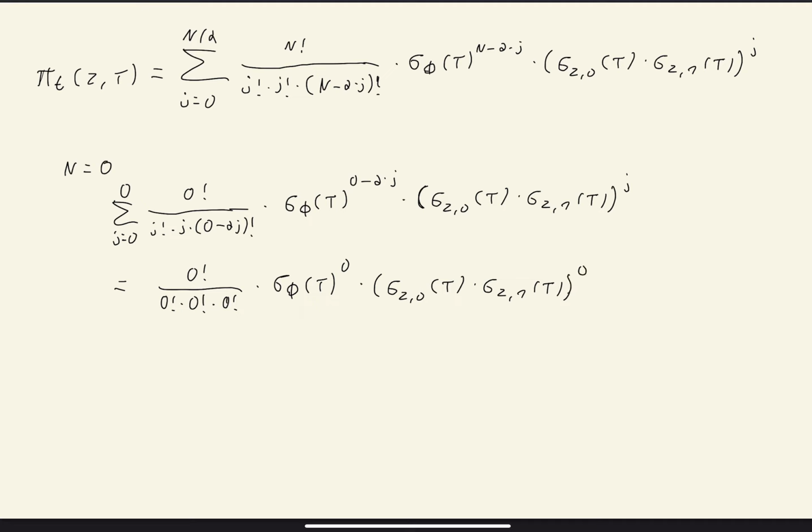And now 0 faculty is equal to 1, and so on. So the probability of 0 other agents having voted for each of the candidates is equal to 1, obviously, because there are actually no votes for the candidates. Okay, so this is one example.